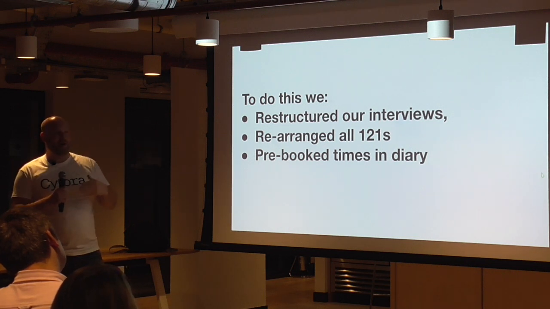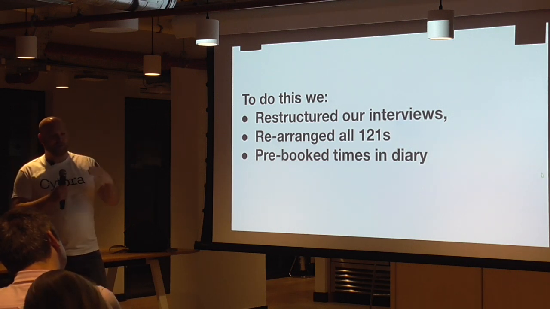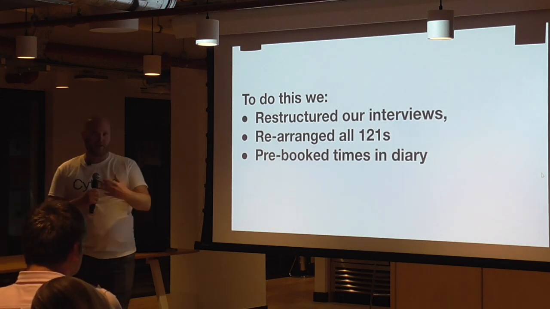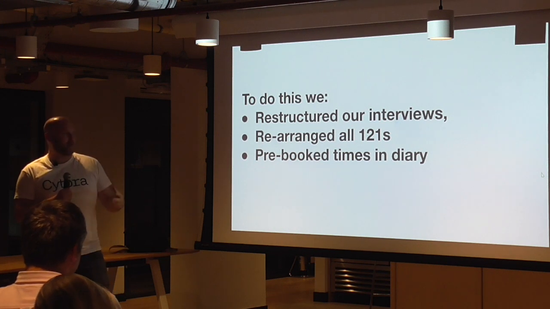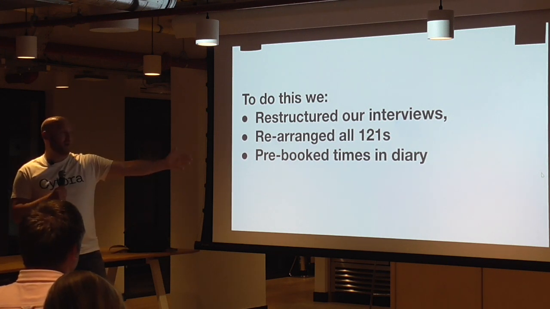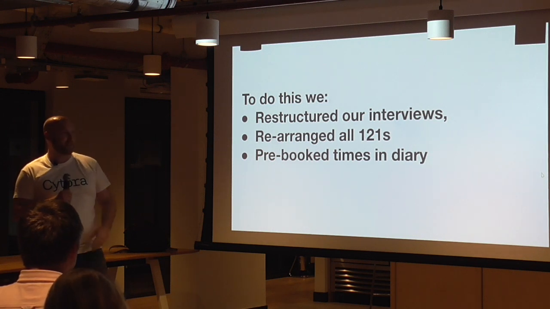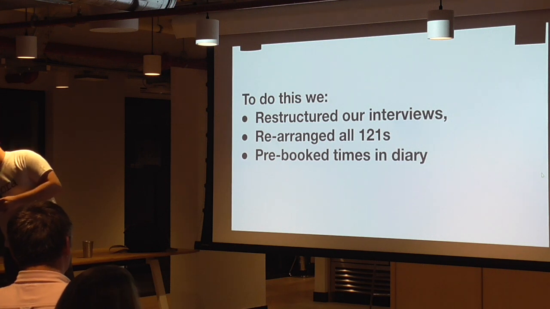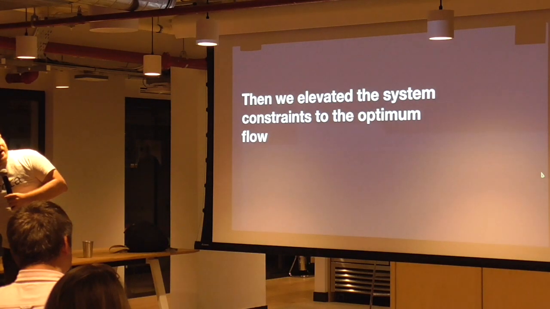So now one-to-ones are more regularly scheduled in blocks so he can go through them. Again, there's all sorts of issues with that, but we're optimizing here for the global system. And to go with that, we pre-book sometimes in diaries if we know that it's going to be a really busy meeting. So these are all things that you guys know and can do, but actually they really help with making things move fast.